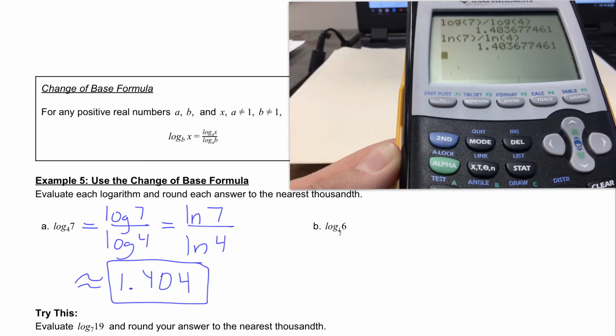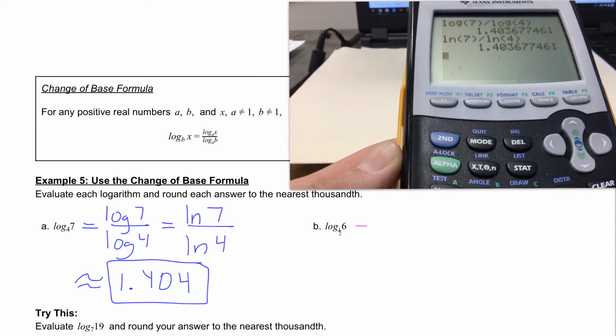If we take a look at letter B, we have the log base 1/2 of 6. We could do this as the log of 6 over the log of 1/2. Or again, we could do it as the natural log of 6 over the natural log of 1/2.